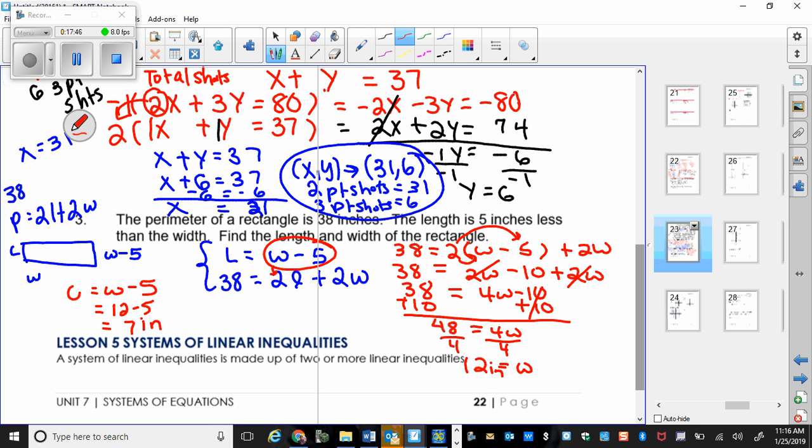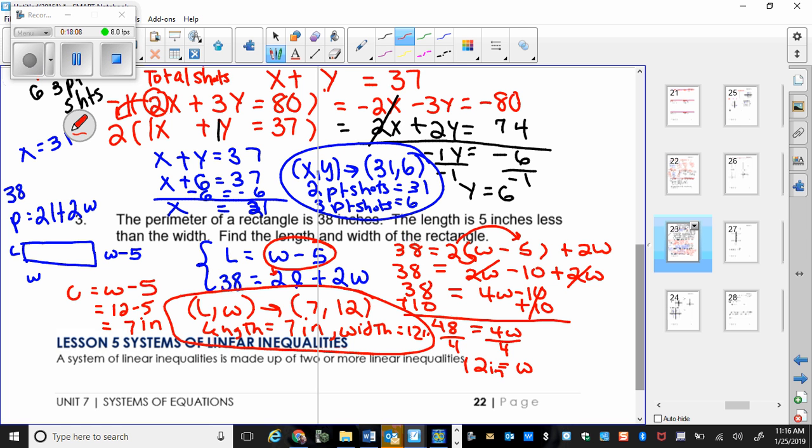How do I write this? You can write L, W maps onto 7, 12, or you can write out length equals 7 inches and width equals 12 inches. I circle my answer, and I'm done.